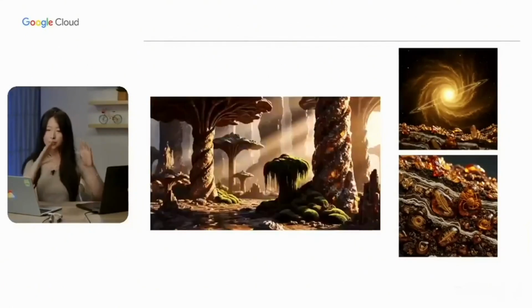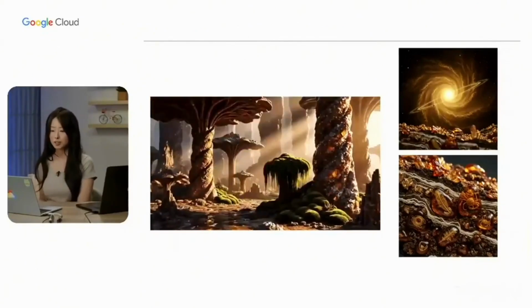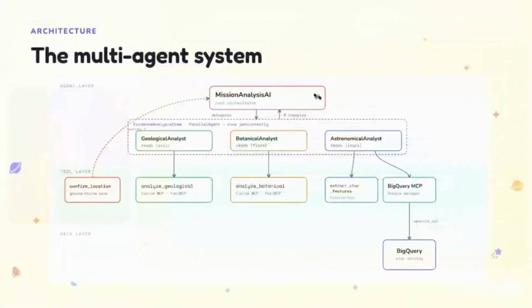So what we're gonna do is perceive this multimodal information by building a multi-agent system. And what is the multi-agent system we want to build? As you can see on the screen right now, in the agent layer we have 3 layers. At the very top, we have the orchestrator layer, the mission analyzing AI. And then we have the sub-agents. They're trying to make a decision together.